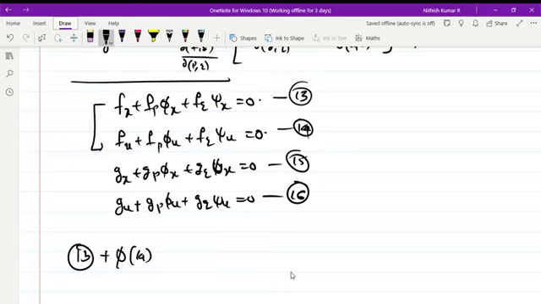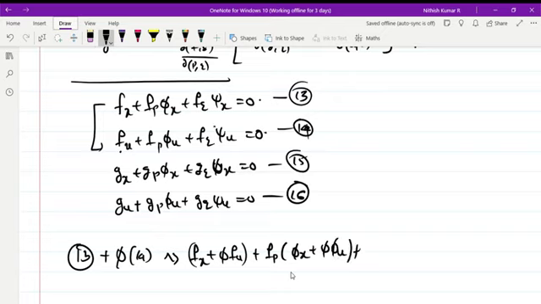Similarly, with respect to g, that is gx plus gp into phi x plus gq into xi x equal to 0, and gu plus gp into phi u plus gq into xi u equal to 0.